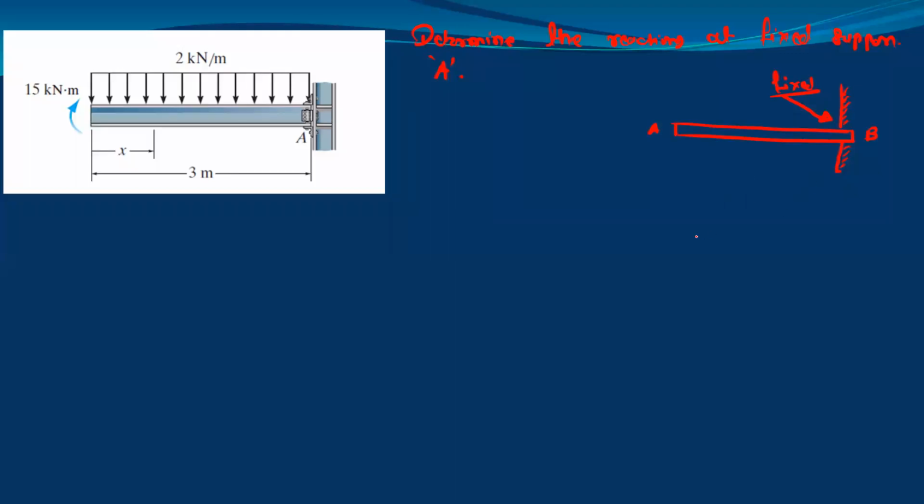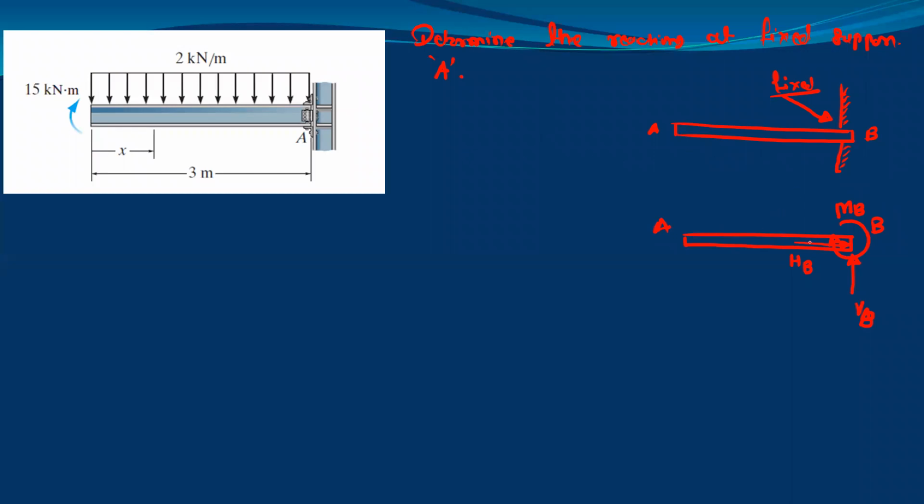It will offer two reactions similar to the hinge support: the vertical reaction, which is VB, and the horizontal reaction, which is HB. In addition to this VB and HB, there is one moment reaction, which will be like this. This is the MB. So these are the three reactions at the fixed support. Because of these three reactions, there will not be any motion, so the beam will remain fixed with the wall.